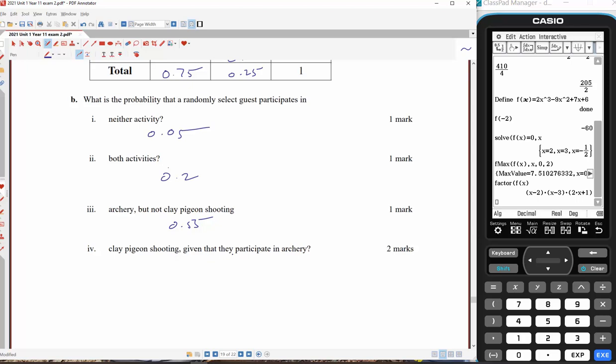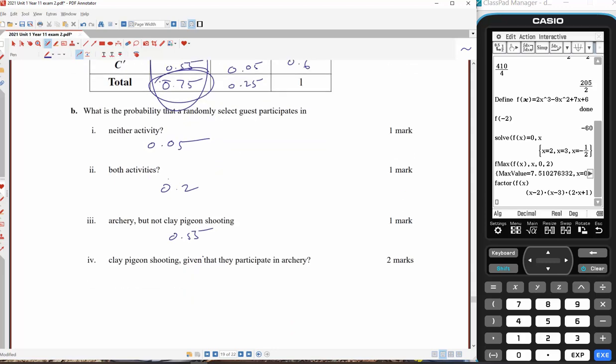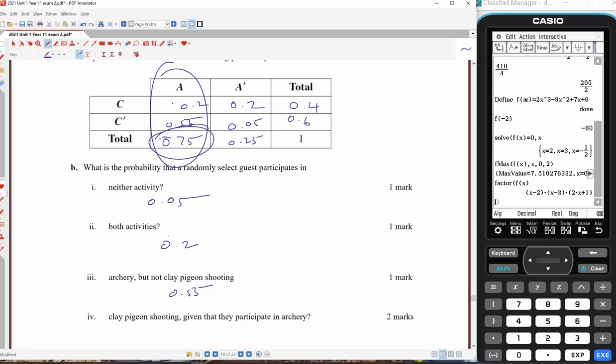Clay pigeon shooting, given that they participate in archery. Right, so what we know is that they participated in archery, so that means that that's the sample space, so it's clay pigeon shooting, it's the intersection over the total.